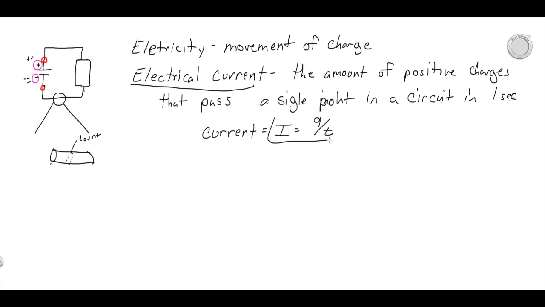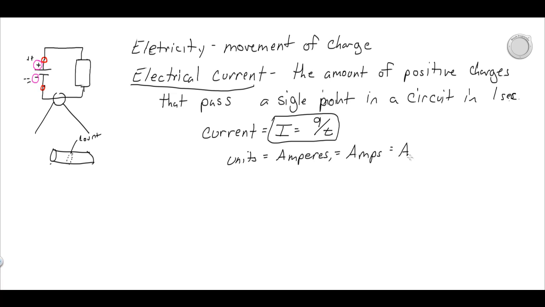And so this will be our first equation of the video. So current equals charge divided by time, or the amount of charge that passes a single point in 1 second. Now the units are amperes. You've often heard them told as amps, or they get the units of capital A.